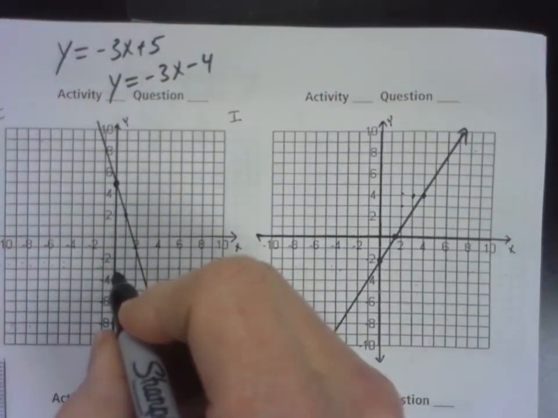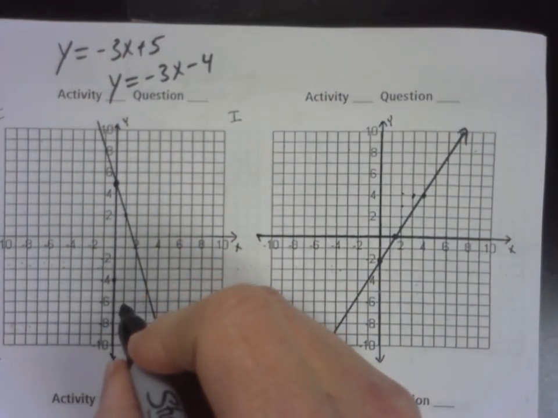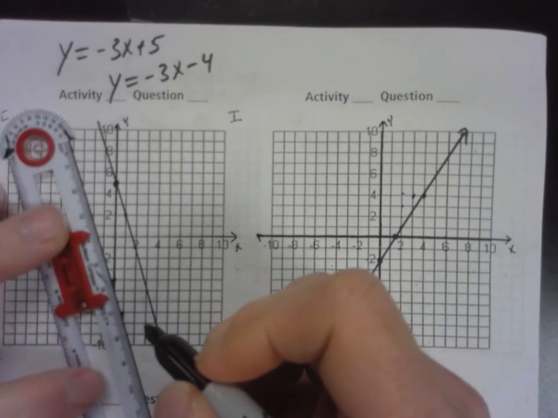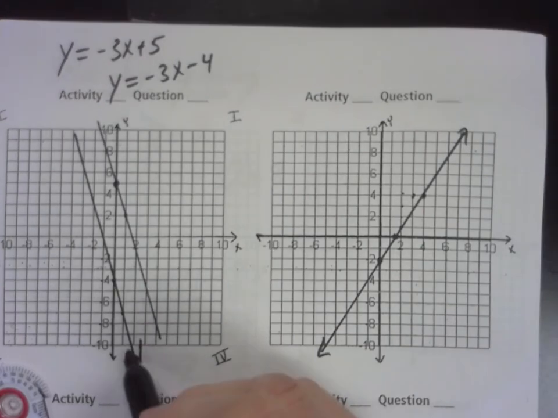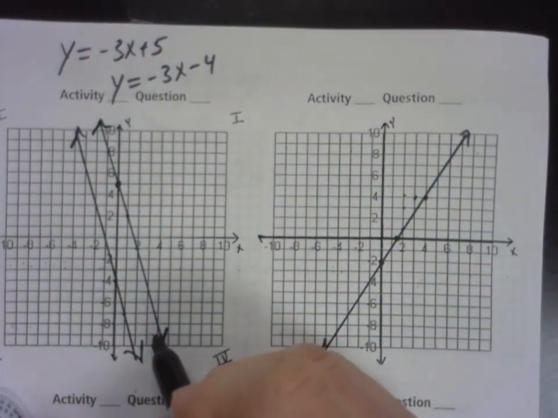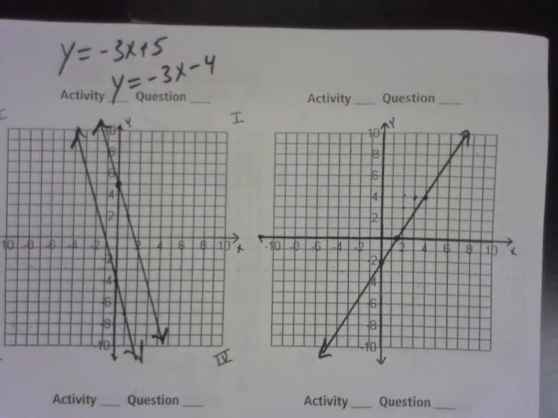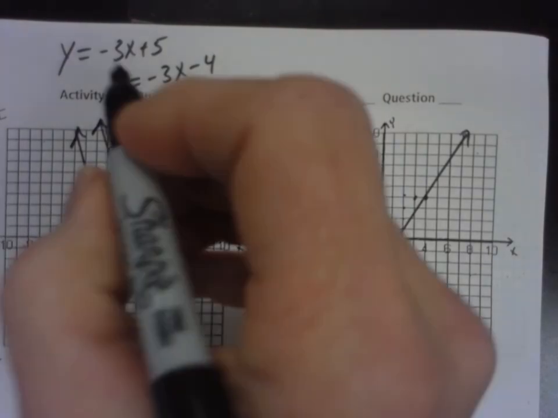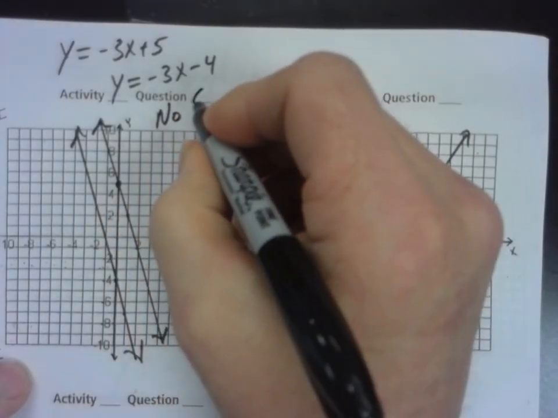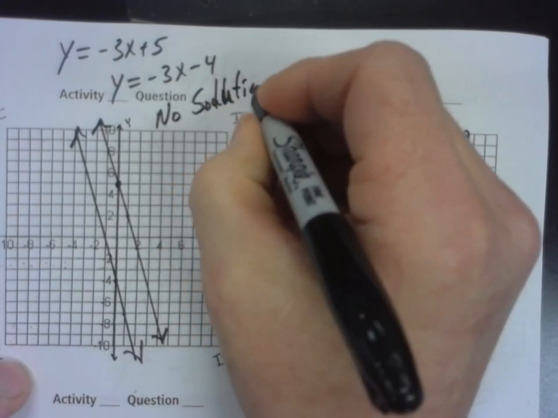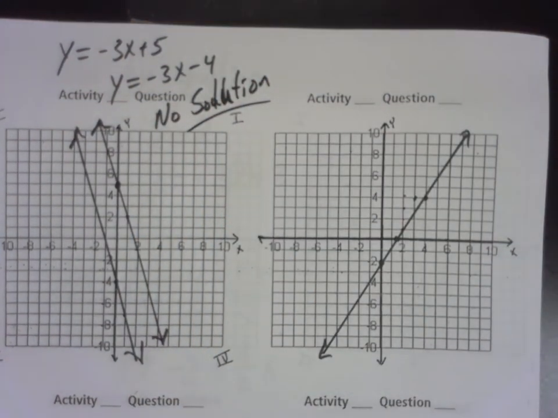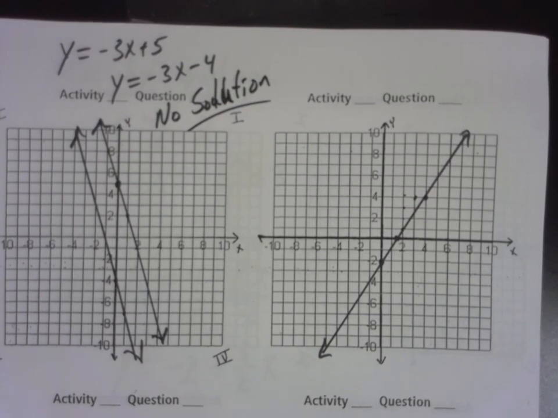One's going through negative 4 and down 3 over 1. So where's the intersection? Okay, so in this case you would say there's no solution. No solution. There's no intersection, there's no solution.